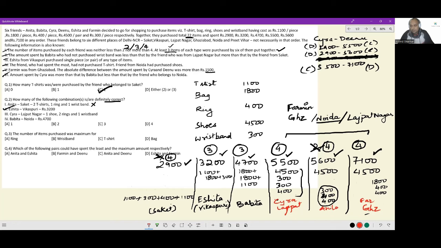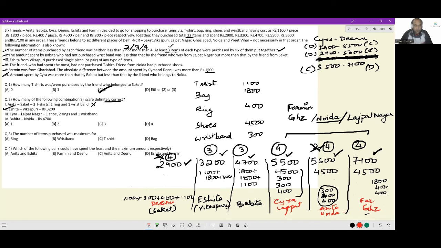Anita here. Dinu here. And who is Anita? What is the last spot left? Noida. Yes, this is most definitely possible. There is no violation of any condition. Farmin Ghaziabad is here. Saira Lajpat Nagar is here. Anita Noida is here. So is this necessarily true?